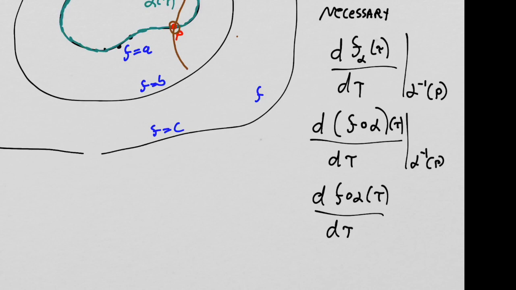The composition symbol necessarily must bind these together first, because that is the name of a function. If I understand that as the name of a function, then there might be some ambiguity. Am I talking about f after alpha of tau? Well, alpha of tau is a number, so you can't have a function after a number. You have to have a function after a function.